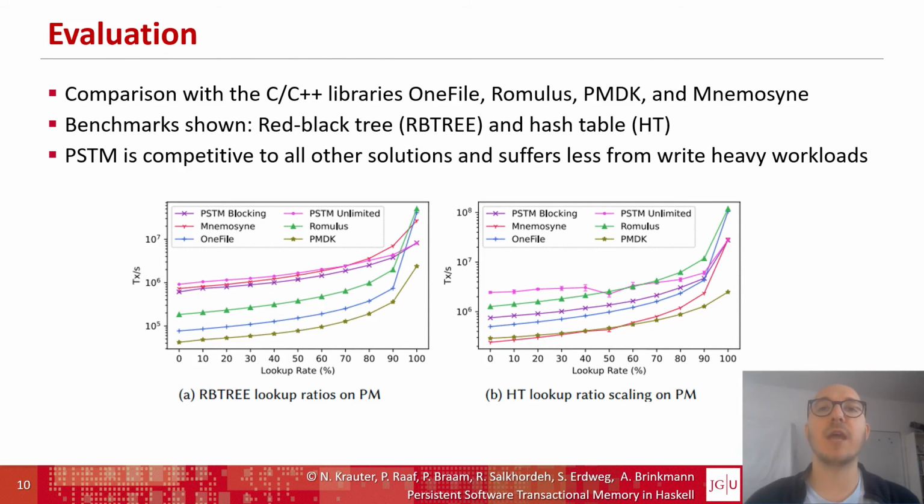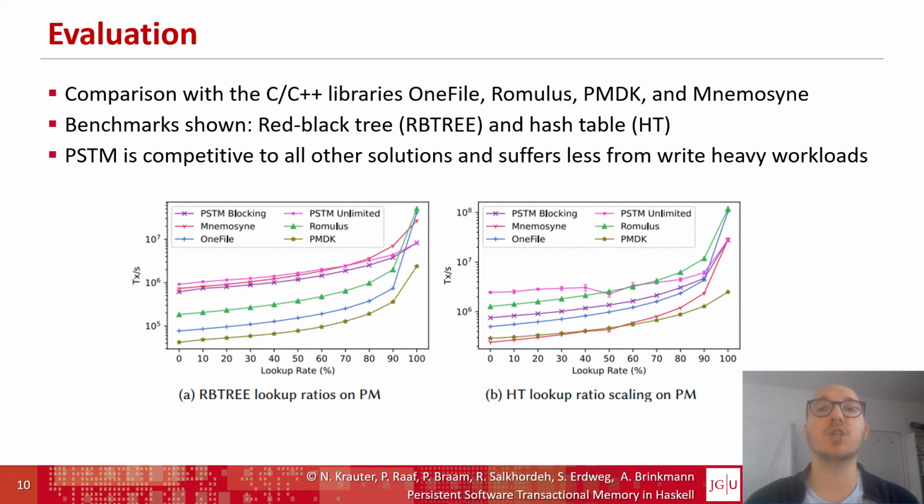So let's first look at the other libraries independent from our solution. We observed that for the analyzed data structures, the top solution is not consistent. For the RB tree, the rebalancing introduced by updates of the structures can lead to updates of many variables that introduce many conflicts during transactions.